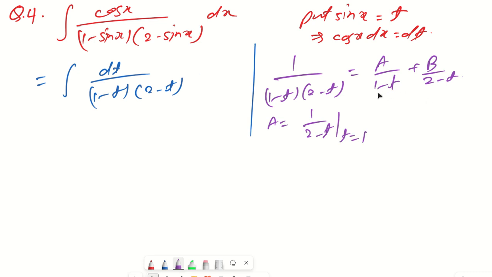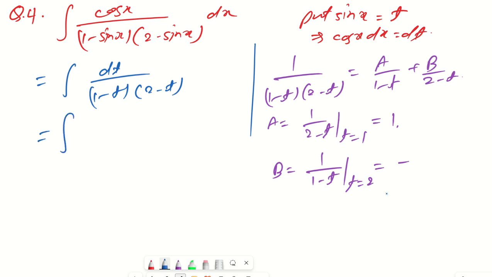Because 1 minus t equal to 0, so t will be 1 and 1 minus t will get cancelled. So this is how you are going to get 1, because 1 by 2 minus 1, that is 1. Similar to that, getting b is very easy. 1 by 1 minus t at t equal to 2. So we are going to get 1 by 1 minus 2, that is minus 1. So we have the value of a and b.